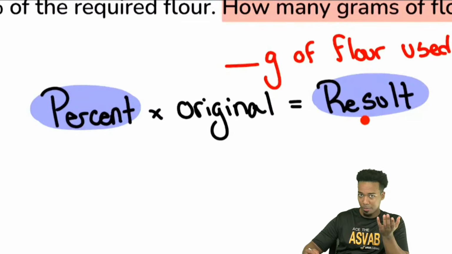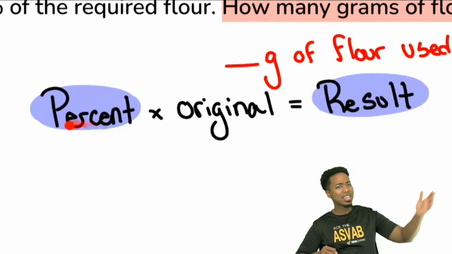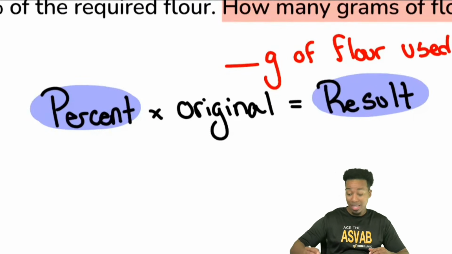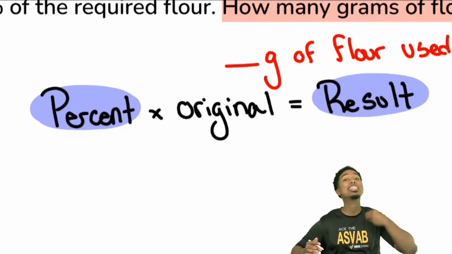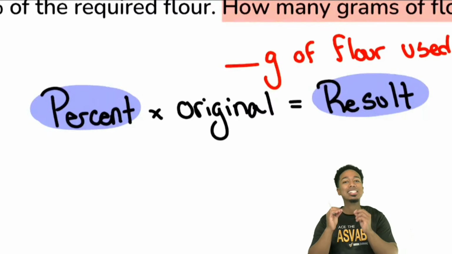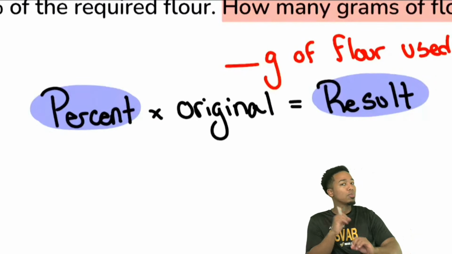Does that make sense, everybody? If this percent right here represented, hey, the percent of the audience that was female, well, when you apply the formula, this result would be the number or amount of females. They represent the same thing. So yes or no, everybody? Does that quick overview make sense?